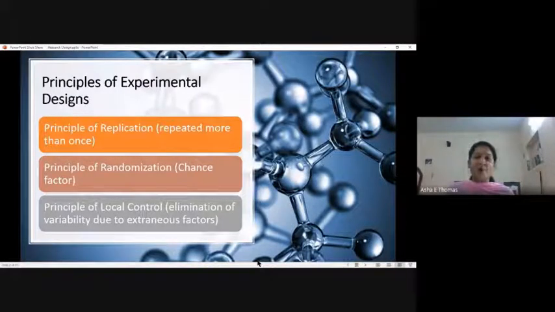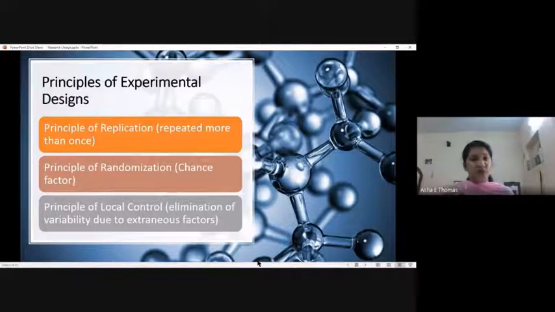Then the principle of local control means we are trying to bring the impact of extraneous factors under control in our study, as far as possible, by dividing the groups into various homogeneous categories. Today we are going to detail what local control is with respect to randomized block design. Suppose I have a population with heterogeneous features.